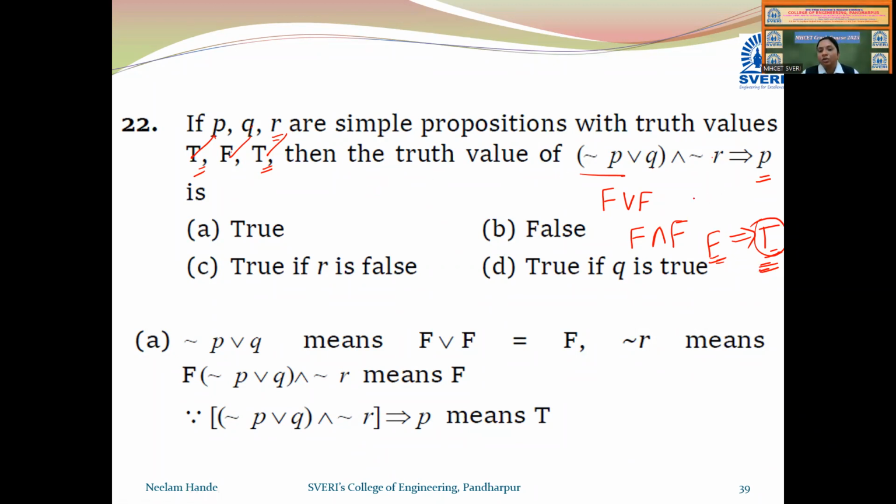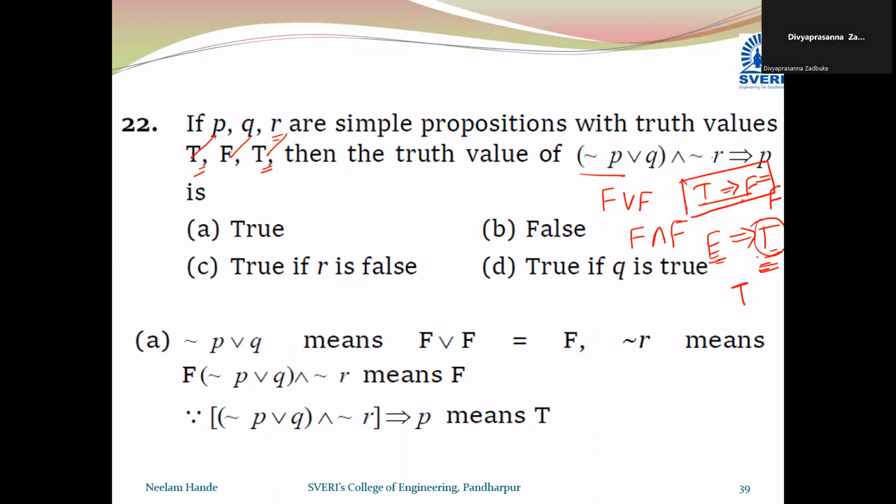Very good. Do you remember the implication table? True implies false is only false, and all the others are true. What will false implies true be? It will be true. You should remember the table for that. Very good answer.